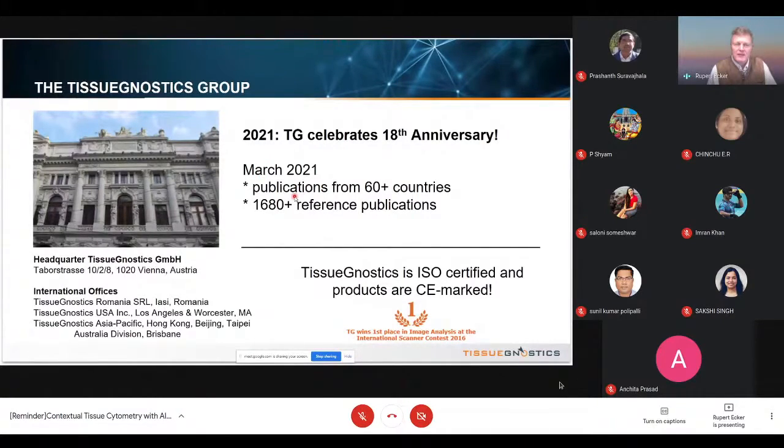Research groups from more than 60 countries on all continents have published almost 1,700 scientific publications using our technology. And the company is also certified for ISO 13485, which is the main quality norm for medical products. And this has been so since 2008.